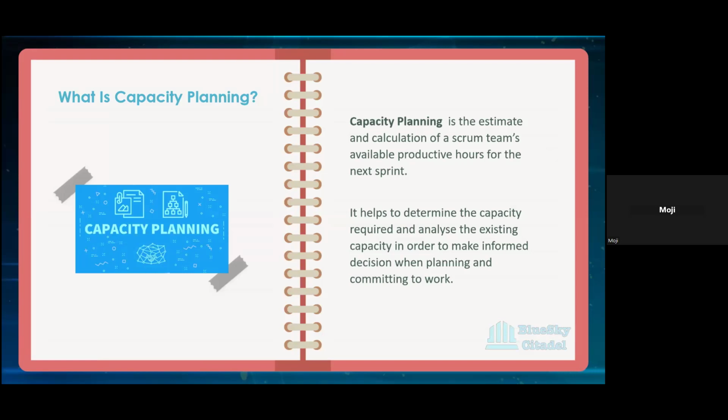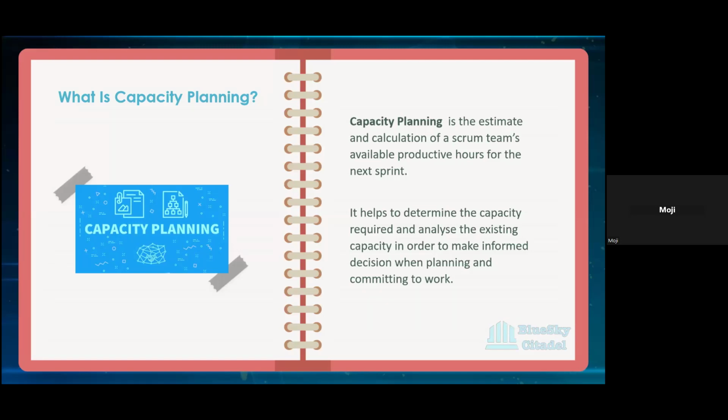You're planning the capacity and availability of your team members, especially the ones that are working. So we're looking at the developers. Developers in this sense are the software engineers themselves and the testers. Those are the people that we need to get their capacity from.